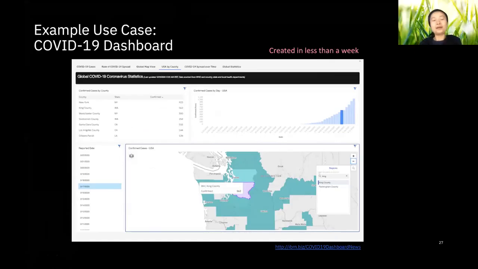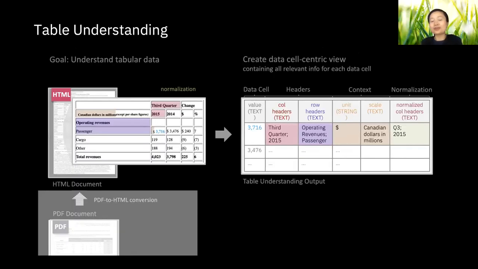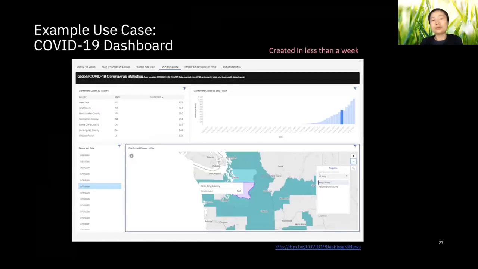Yeah, so that's a very good question. In general, there are two parts, right? One is to identify the relationship between the data cell as well as the column header and row header. And then the second part is actually extracting based on each specific table. So what people have done in this particular case is we write a general module that tries to identify the key information as much as possible.